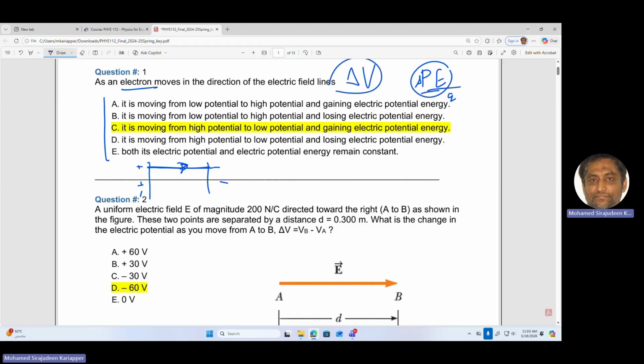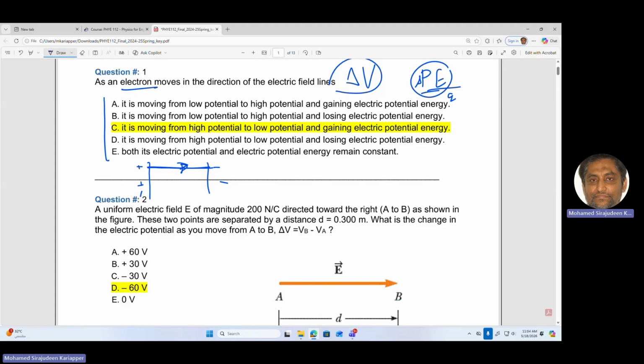So which has a higher potential? The positive side. So in the direction of the electric field, potential decreases. Remember this, okay? It is not in the formula sheet. So if you remember this, it becomes easy to answer this question, okay? The potential decreases in the direction of the electric field. Just remember that. Then you can easily answer this question.